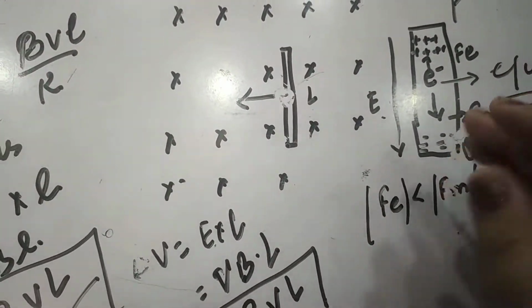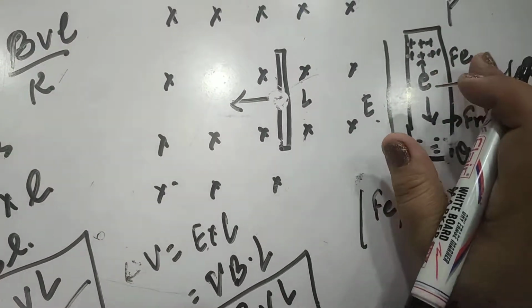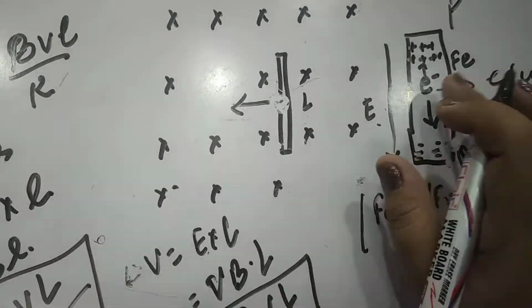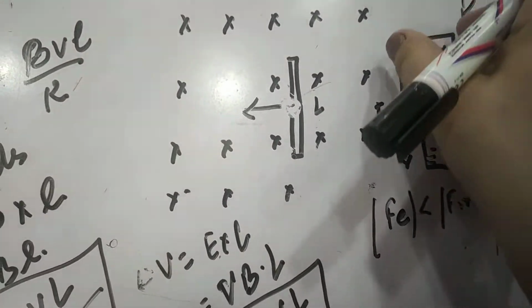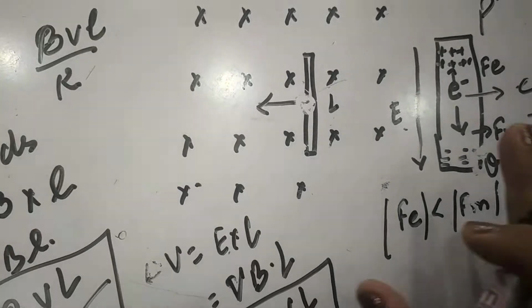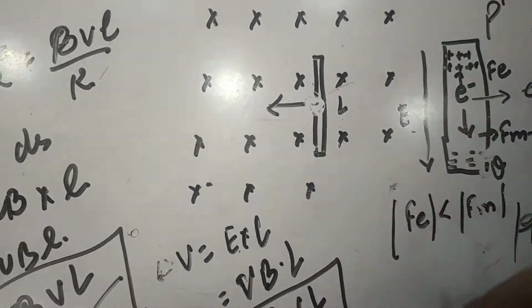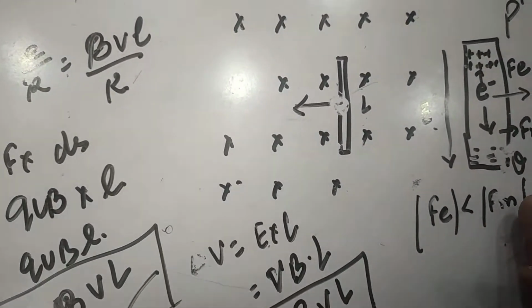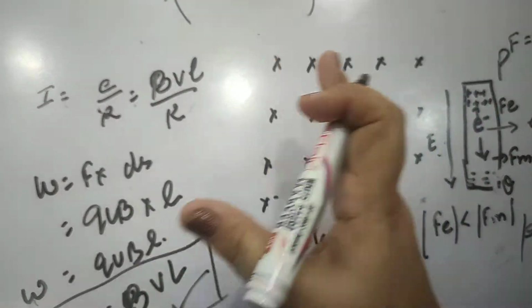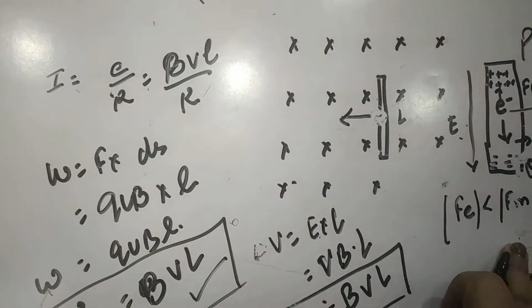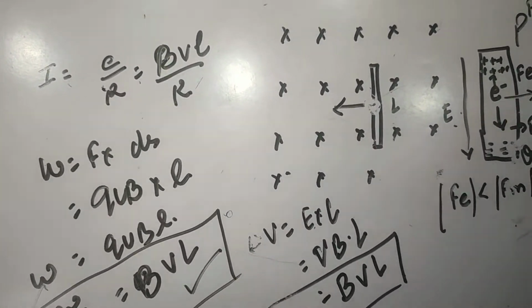Because when the magnetic force is 0, only the electric field exists, which will tend to take the electron back. So these charges will collapse and the rod will become uncharged. There will be no potential difference existing across the rod. Since this EMF is produced due to the motion of the conductor, it is known as motional electromotive force.